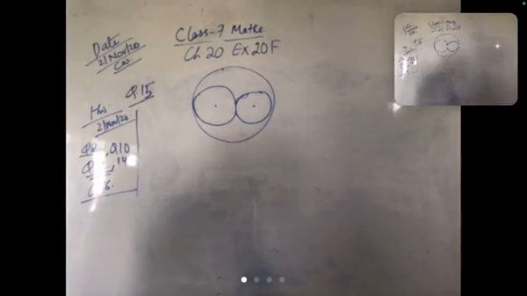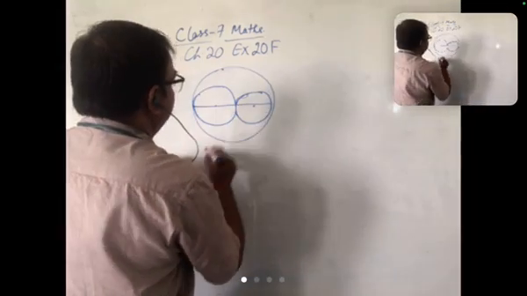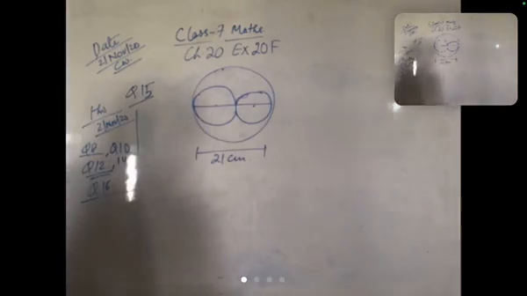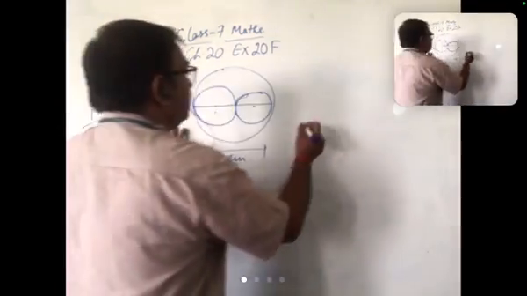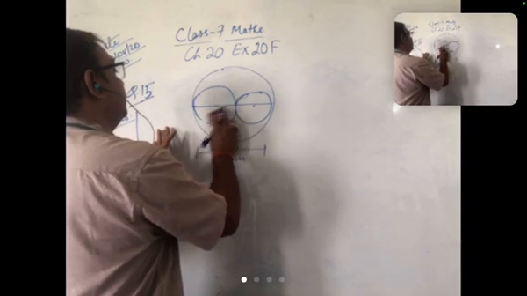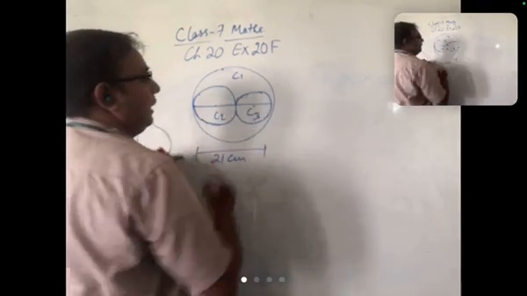A circle of diameter 21, means from here to here is 21 centimeter. And inside the circle, two circles with diameter 2/3 and 1/3 of the bigger circle. This is C1, this is C2 and this is C3.